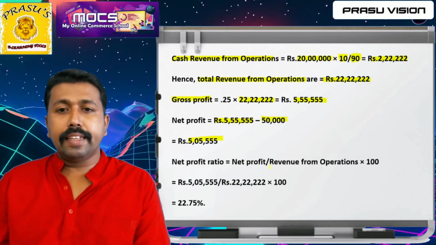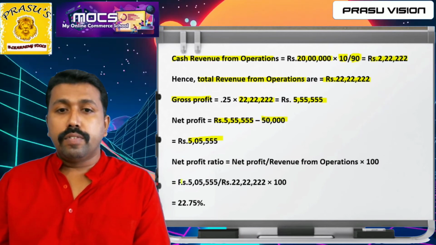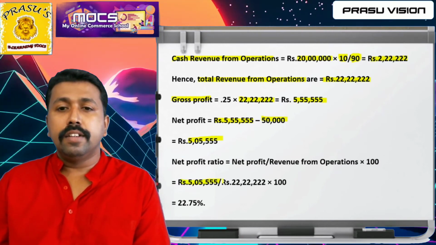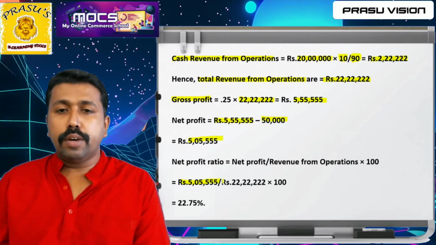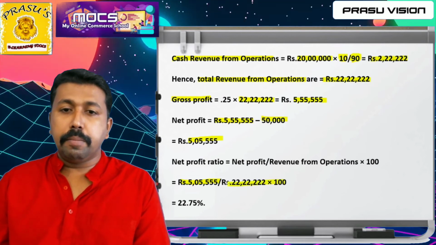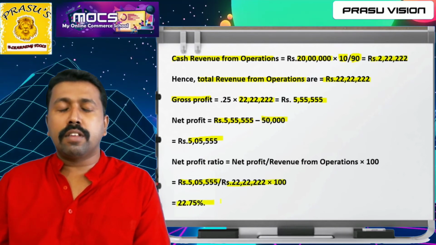Then we are applying in the equation net profit divided by revenue from operation into 100. That amount 5,05,555 divided by 22,22,222 into 100, we will get the amount of net profit ratio, 22.75%.